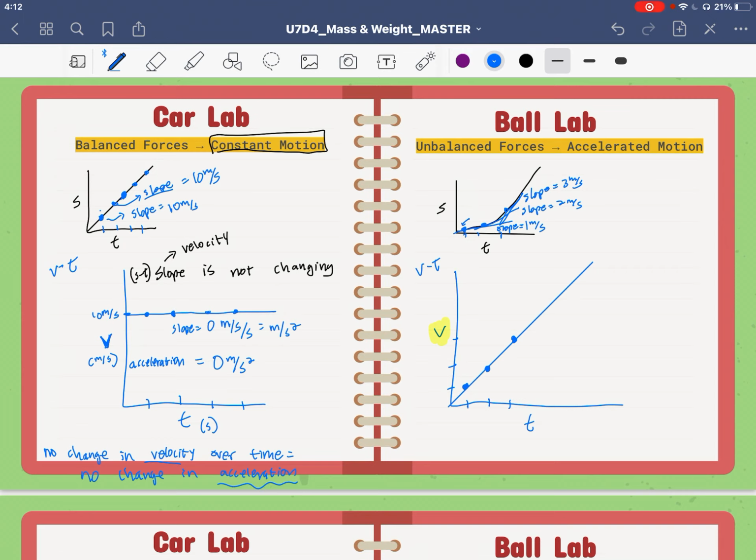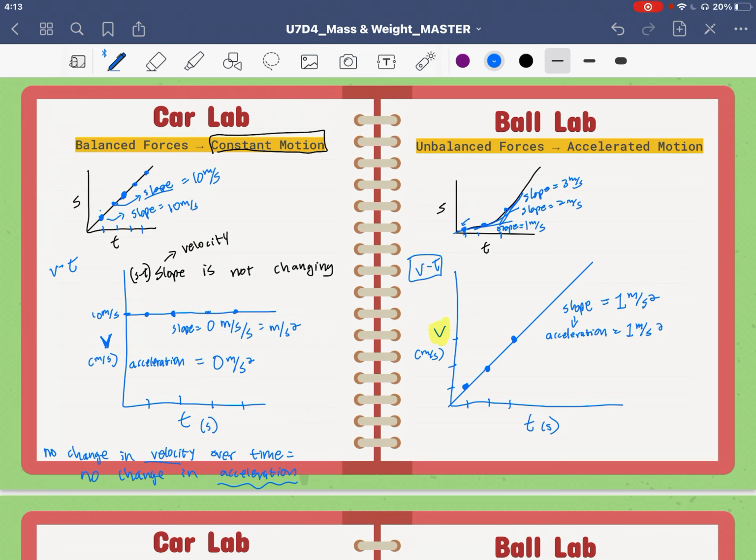Over here, well, my slope here, again, same units, is going to be some amount. Maybe if I went with these numbers, my slope would be 1 meter per second squared. And so in the velocity time graph, my slope is actually the acceleration.